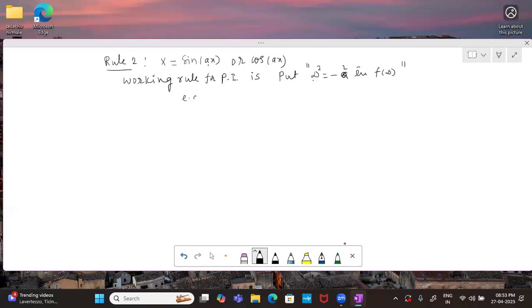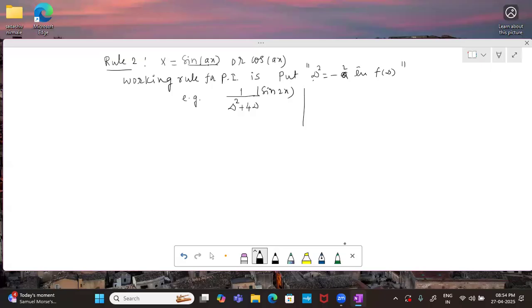For example, 1 upon d square plus 4d operating on sine 3x or sine 2x, suppose. We require this PI. So by this rule, sine 2x is the function equivalent to sine of ax.